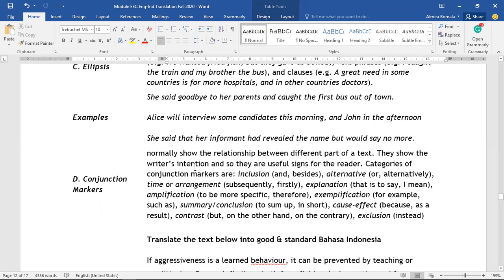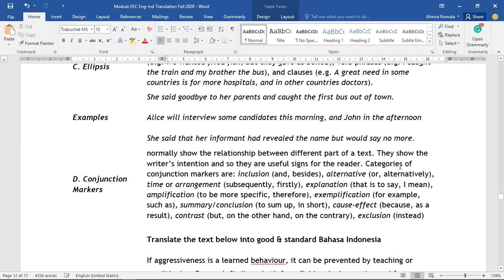They show the writer's intention, so they are useful signs for the reader. So it will show the relation between the sentences and paragraphs, for example, cause and effect, contrast, or conditional.